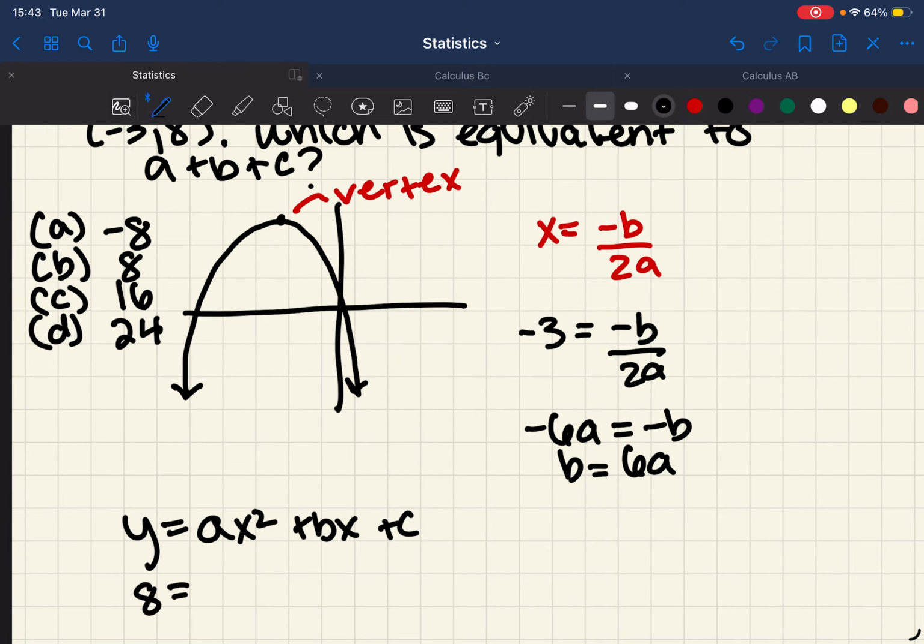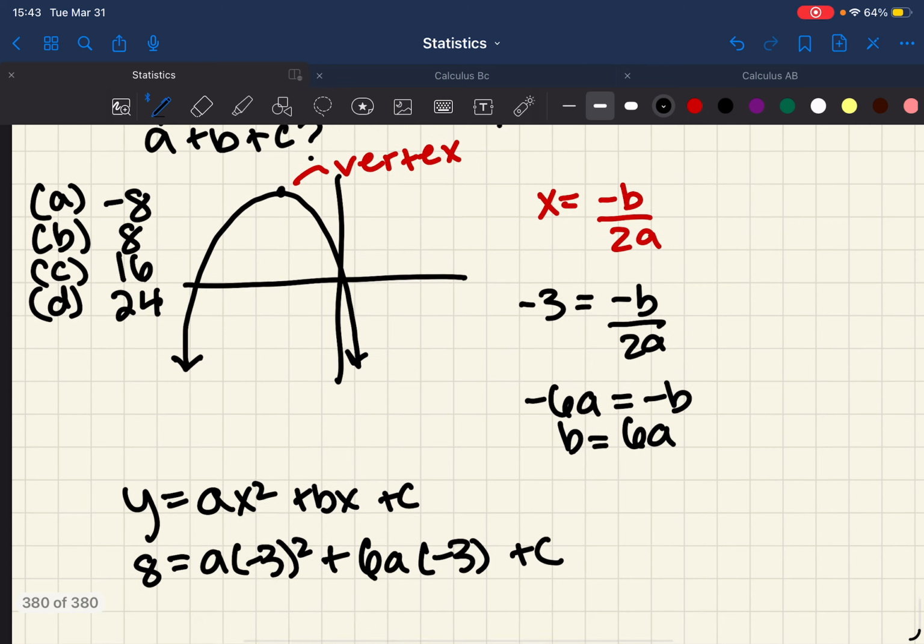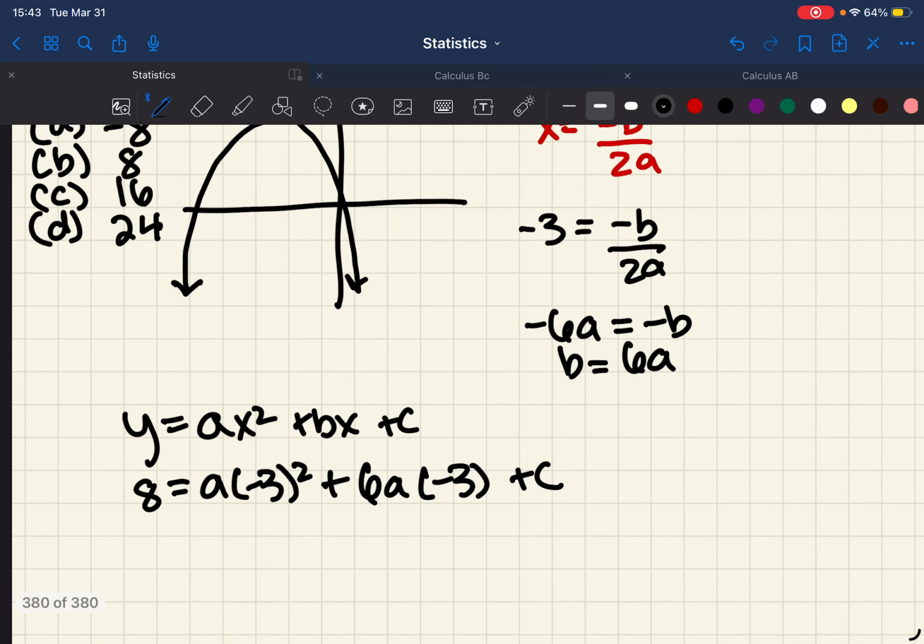So 8 equals a, leaving a as is, times -3 squared, plus b, which is 6a, times x, which is -3, plus c. C is something I don't know yet. So simplifying this, I have 8 equals 9a minus 18a plus c.